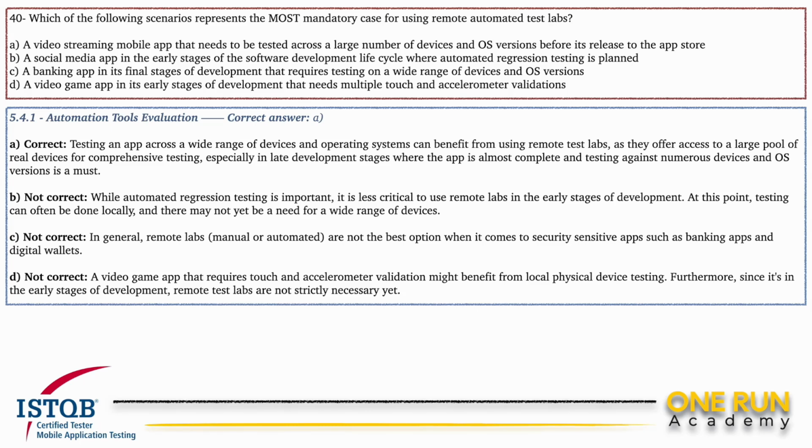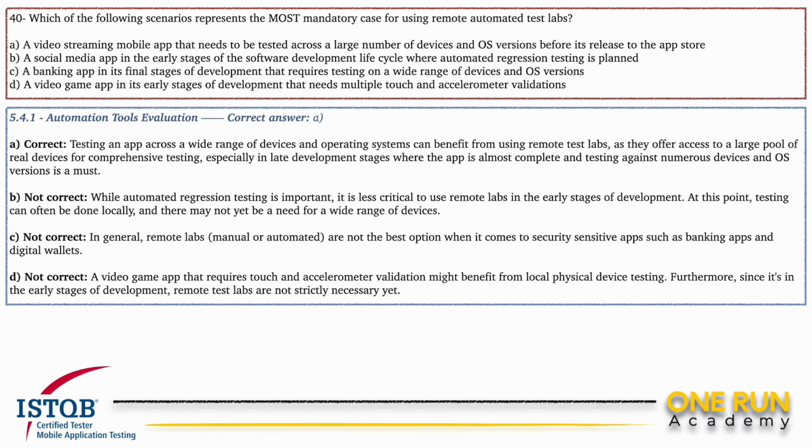Now, for the final option, option D, a video game app in its early stages of development that needs multiple touch and accelerometer validations. Again, this option is not correct because the app is still in the early stages of development. Plus, touch and accelerometer validations are better performed on local physical devices, as remote automated test labs may not be the best choice for complex physical interactions like multiple touch inputs or accelerometer validations, as these require direct interaction with the device.